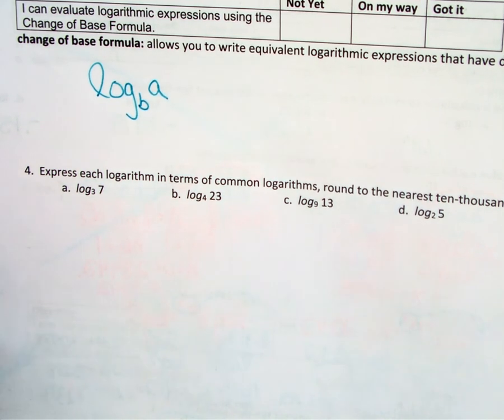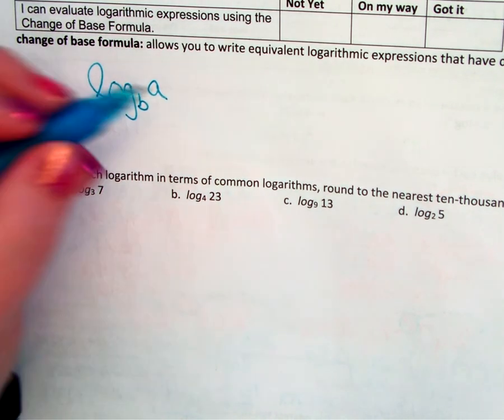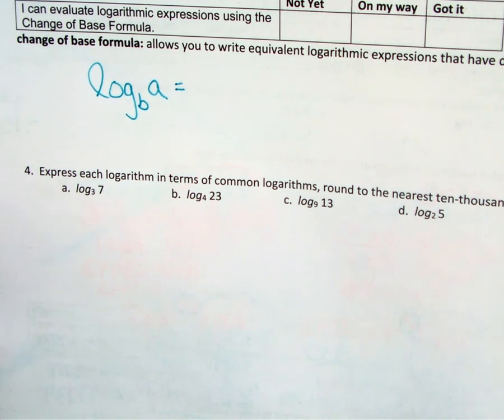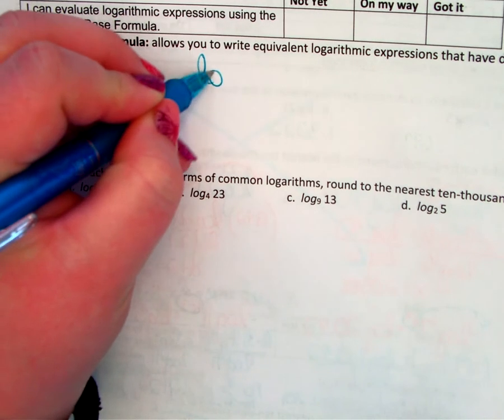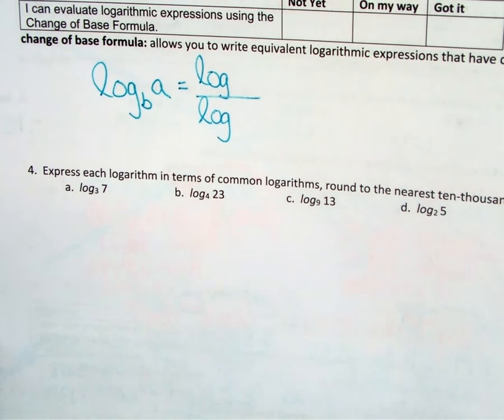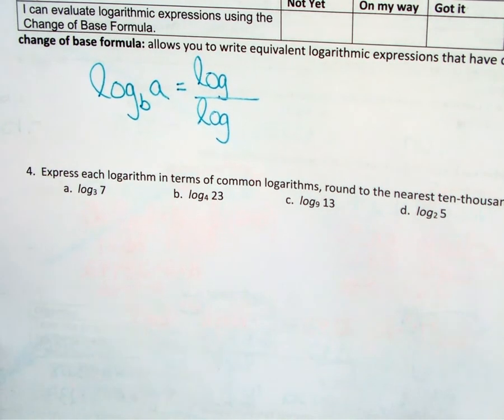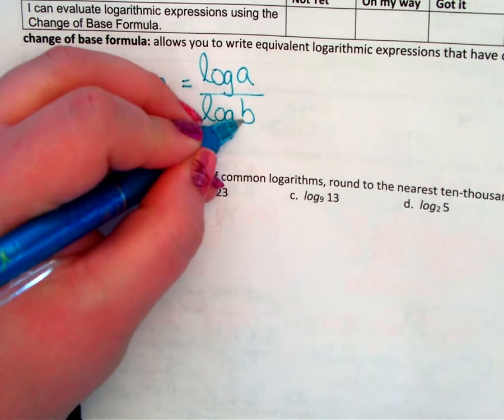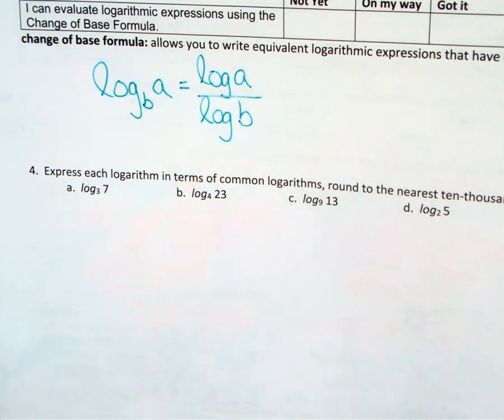If I have log base b of a, I can rewrite this using common logs, logs with a base of 10, so that I could use my calculator. And I do that by putting a log on top and a log on bottom. And I have the a and the b.